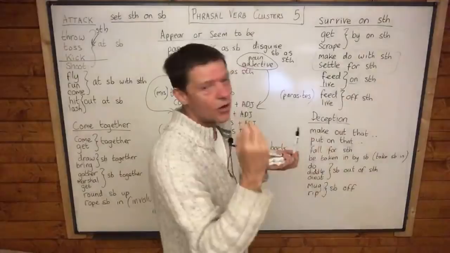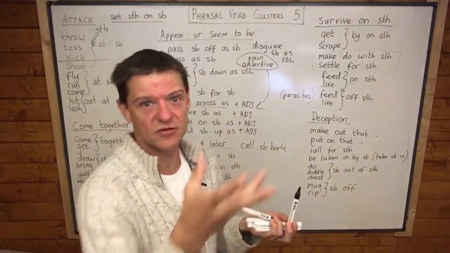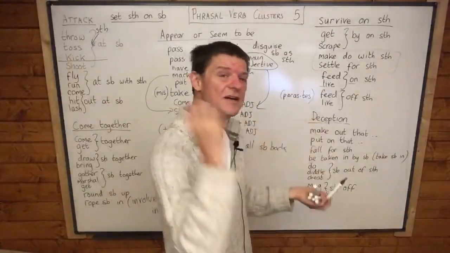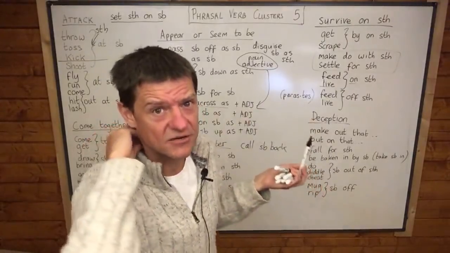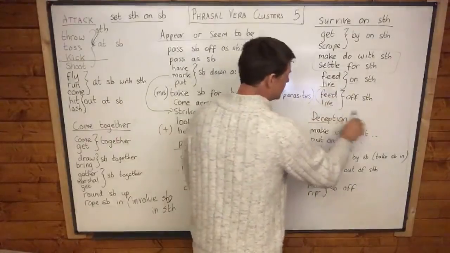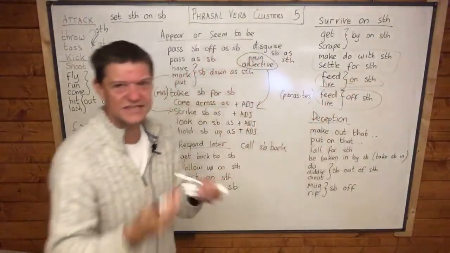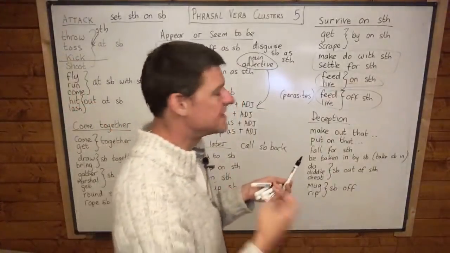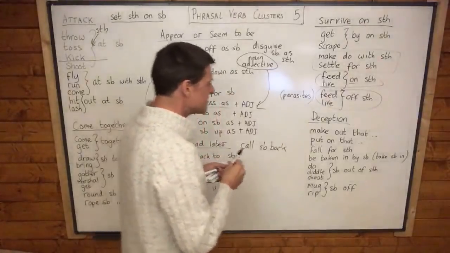He lives off his parents' generosity. He feeds off his parents' generosity. He waits for money from his parents, but he doesn't do any work himself. So he's living like a parasite on his parents' generosity. And really, these ones are very similar to these ones, but there's something parasitic, in my opinion, about living off something or feeding off something. It puts you in the position of a parasite.